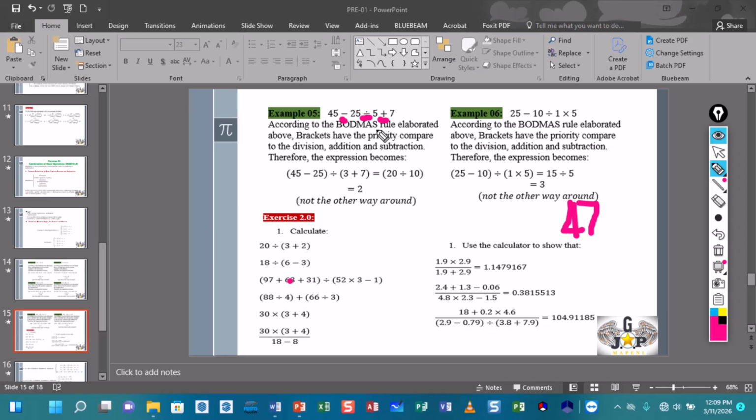The division, mathematically speaking, is simply a fraction, a proportion, meaning that it has a numerator and it has a denominator.